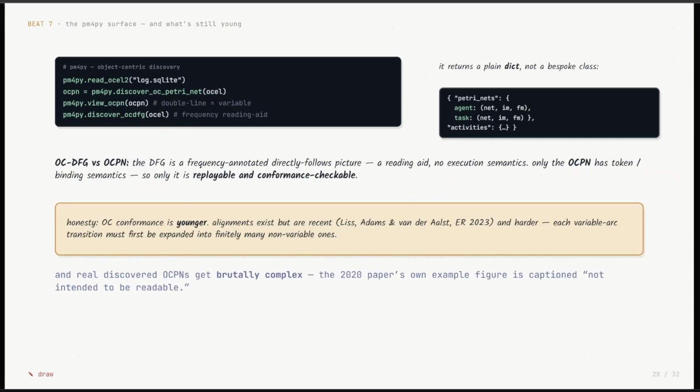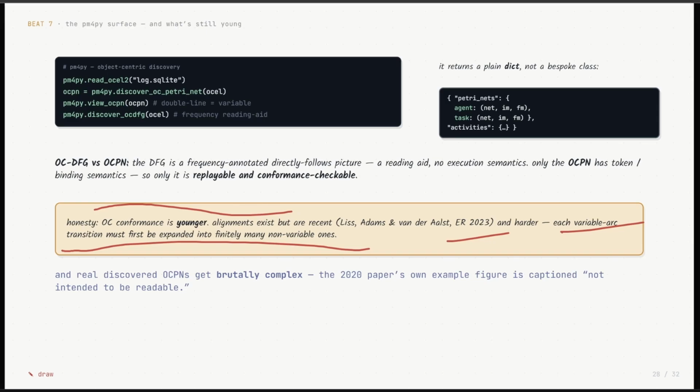And one thing to also say is that object-centric conformance is really young as a field. Alignments exist, but they are very recent. You have the paper from 2023. They are harder too, and each variable arc transition must first be expanded into finitely many non-variable ones. That's a very big issue.